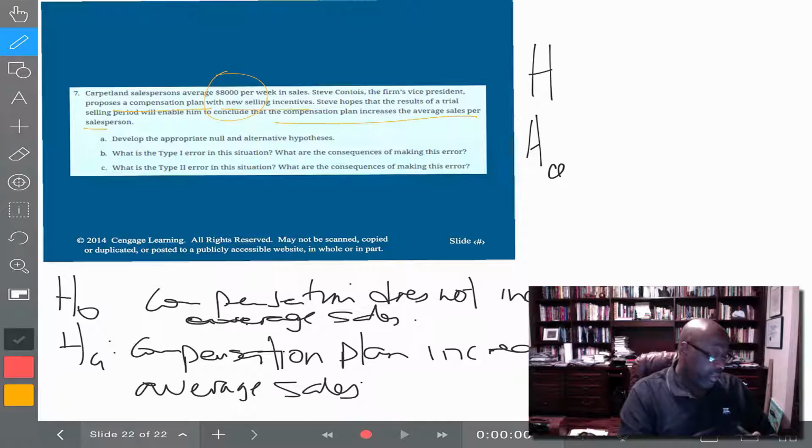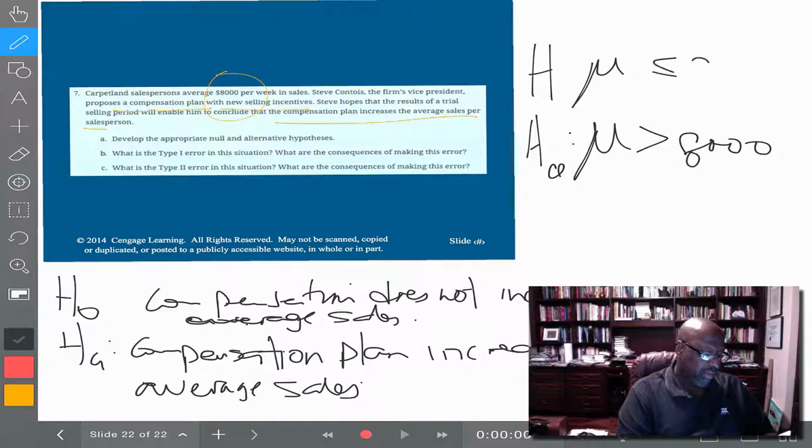So if it increases average sales, the mean would be greater than 8,000 per week. But if it does not increase average sales, then the mean will be 8,000 or less. All right. So that's the hypothesis.